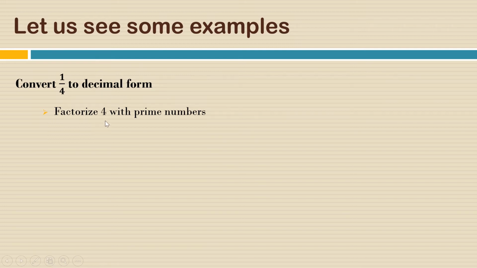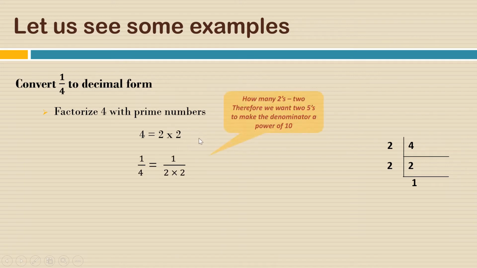First factorize 4 with the prime numbers. 4 equal to 2 into 2. Here we have 2 2's. To make a power of 10, multiply this number with 5 into 5.